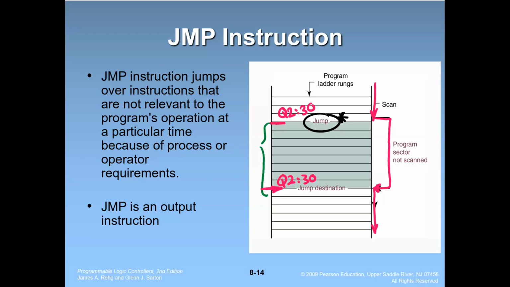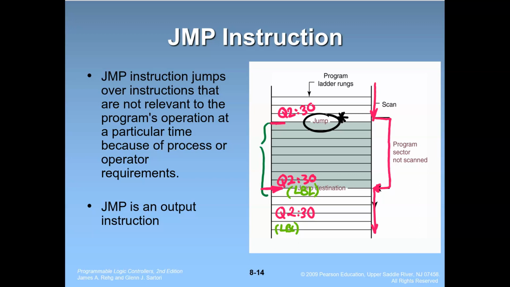So in your program, you're not allowed to have two label instructions with the exact same address or reference number. Let's assume that here is one label, or LBL, with a reference number Q2:30, and let's assume that I have another label somewhere here with the same reference number Q2:30. Now what will happen is that when the program reaches this jump and the jump is active, the scanner should look for a label with the same reference number.